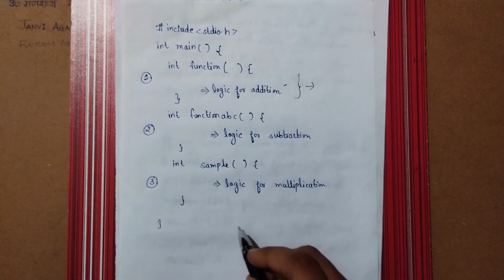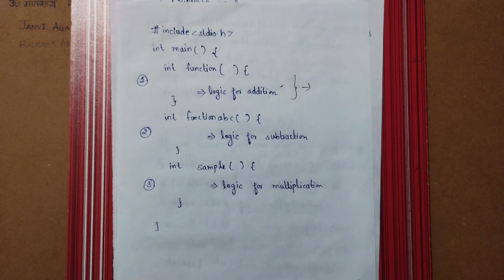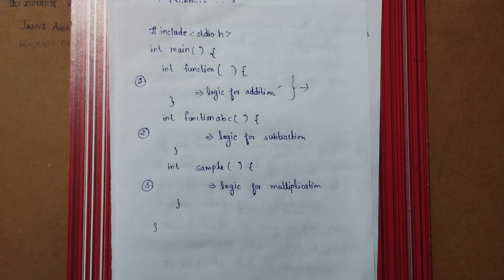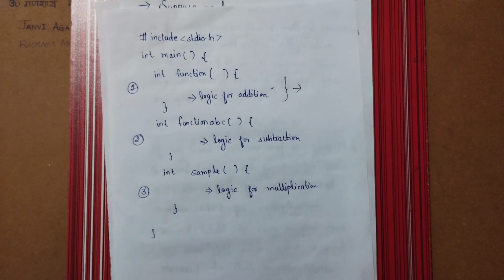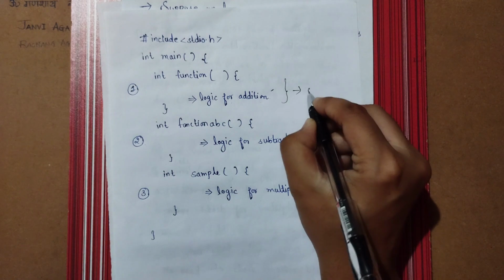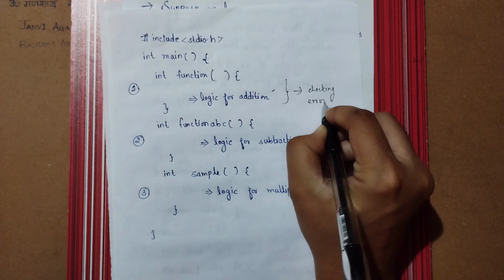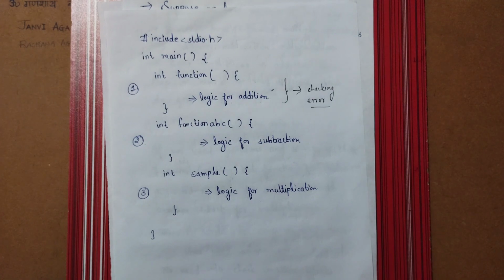So it helps you find the error very easily. We considered our advantages as reusability, written once, called several times, and second, checking errors. It becomes very easy to find errors.